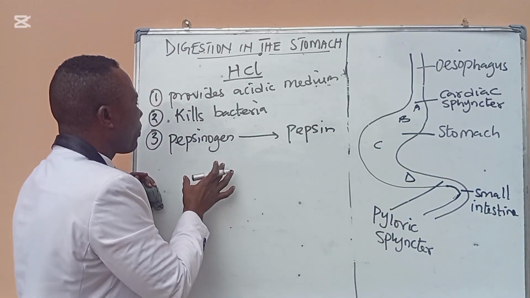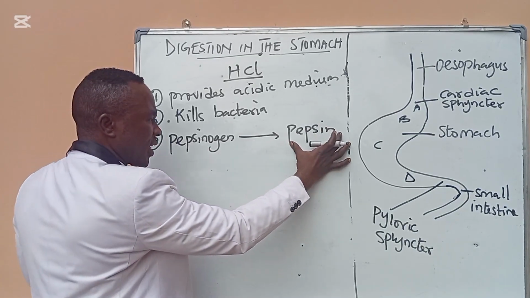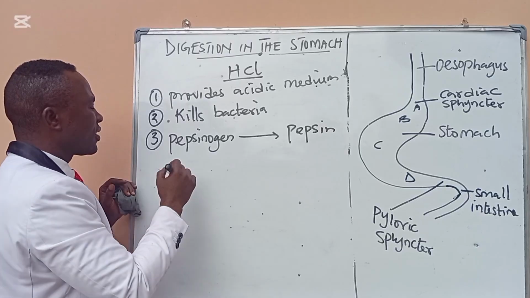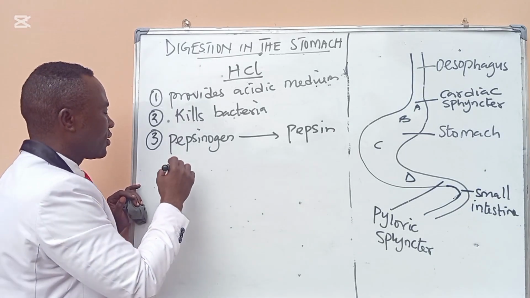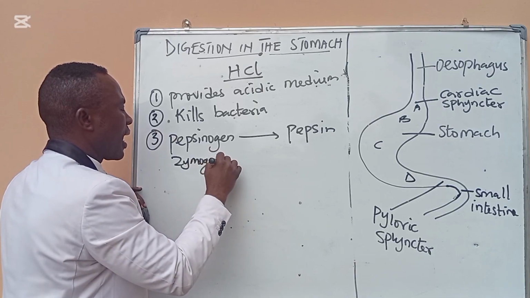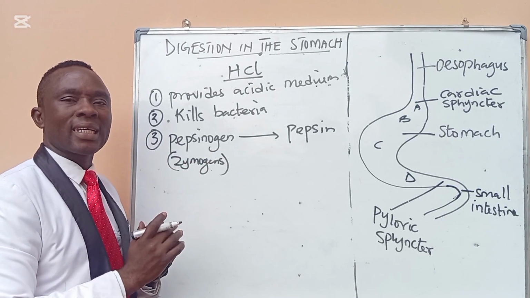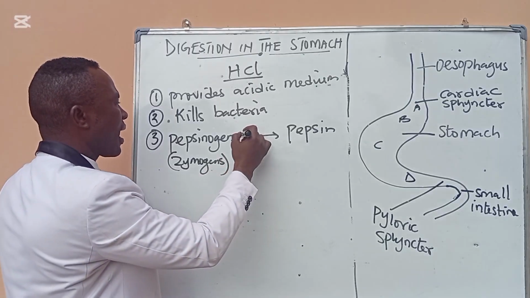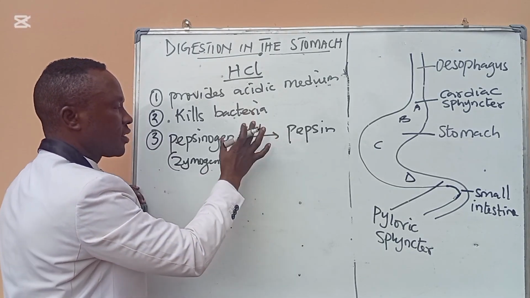It is only when pepsinogen is in the form of pepsin that it will be able to digest protein. So it's a zymogen. Zymogens are enzymes that are in their inactive form. So the acid HCl activates it.